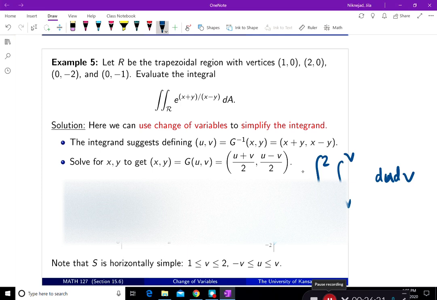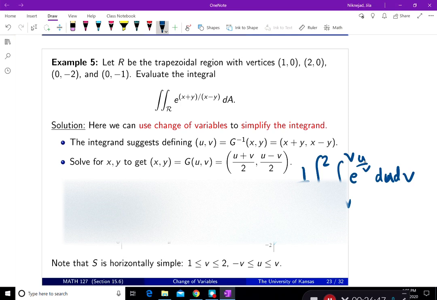And we decided the scaling factor is 1/2, and then we have to convert the function itself. I took the 1/2 out. It's supposed to be in here, but because it's a constant in this case, I can take it out. And then I will have e to the power u over v. And then we integrate from there.